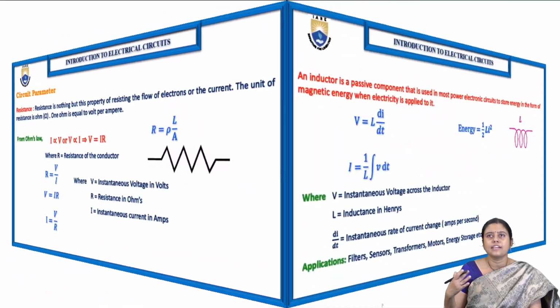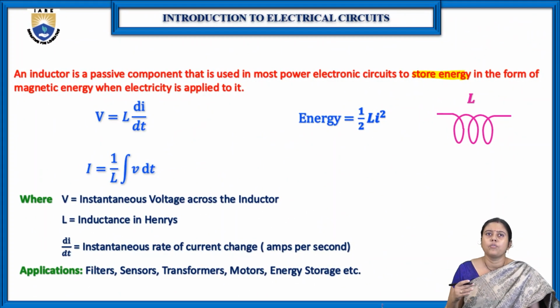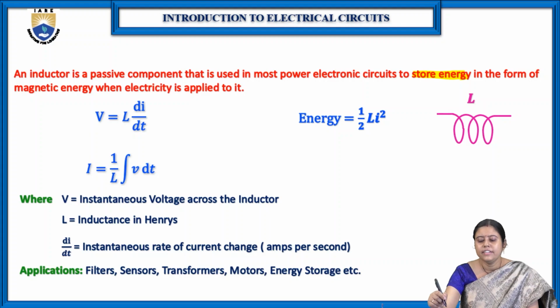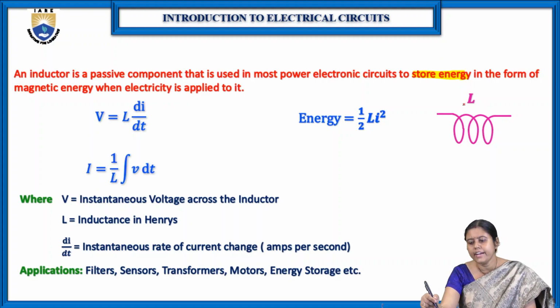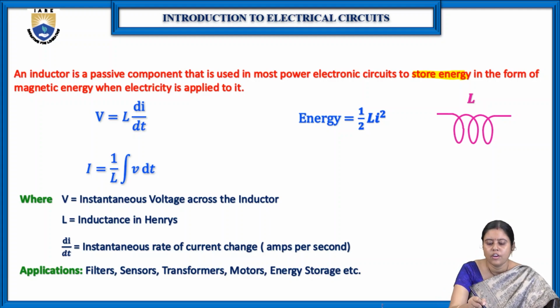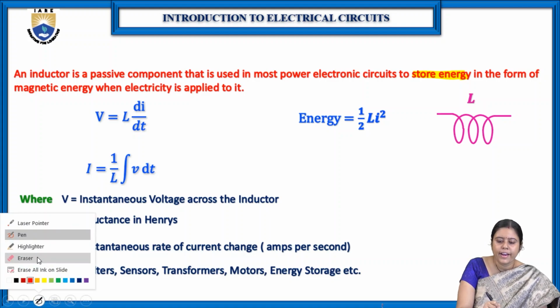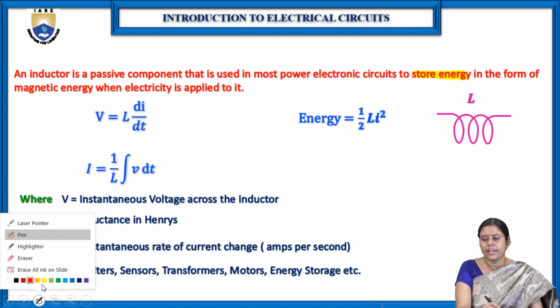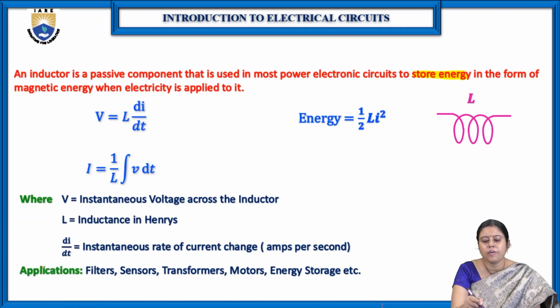Whereas when we are discussing the inductor, what is the use of an inductor? An inductor is used to store energy. It stores electrical energy in the form of magnetic energy when electricity is applied to it.